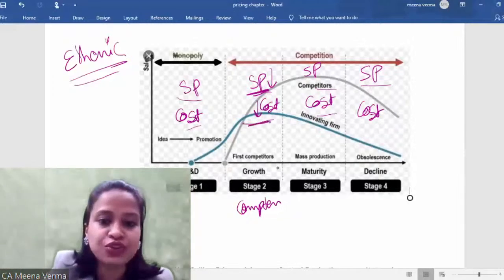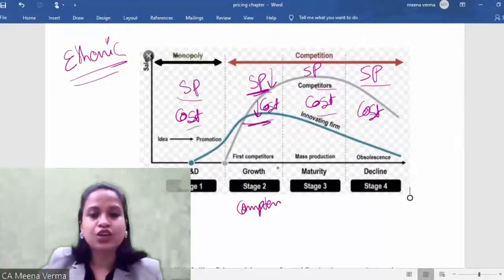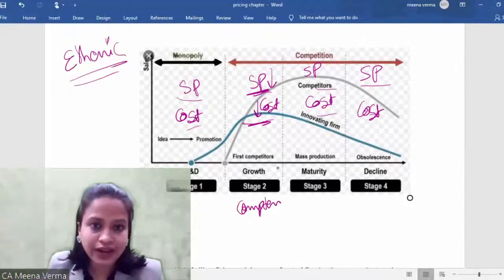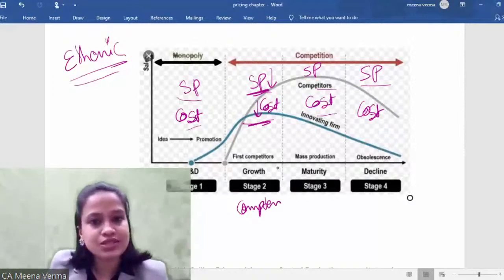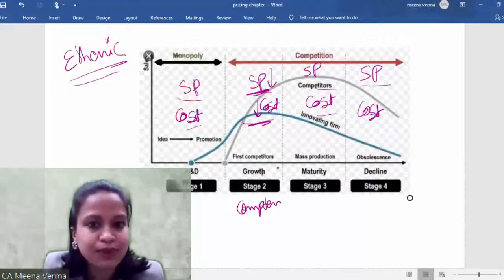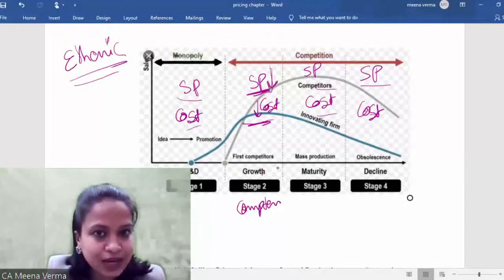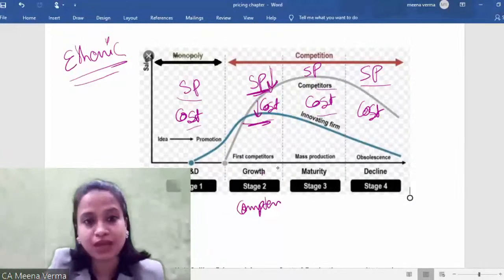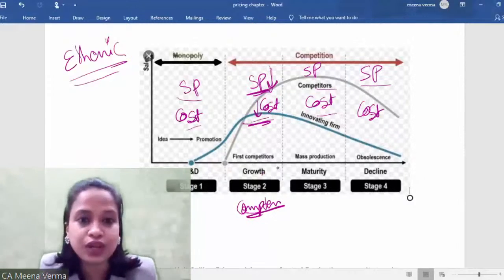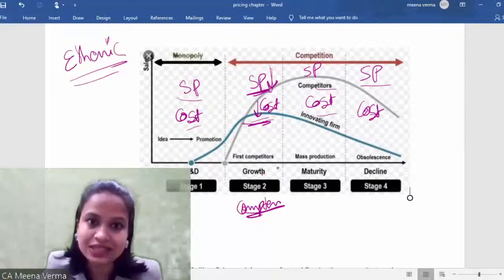If you have captured a wide market in the growth stage, you can save material cost and reduce your overhead and other costs. You can reduce the selling price of your goods because there are many competitors now, and accordingly you can find ways to reduce the cost.